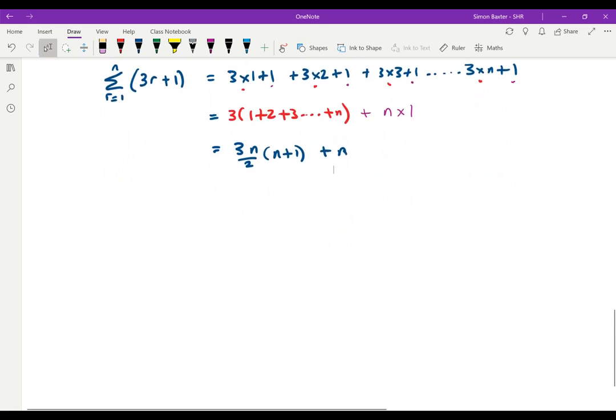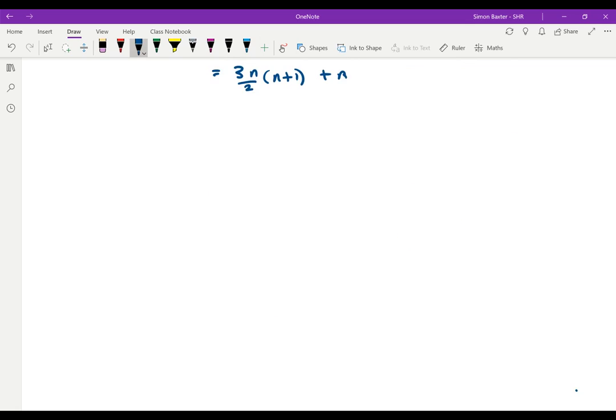One other thing I'd like to look at before I leave this one, remembering that sigma r equals 1 to n is n over 2 times n plus 1, which we've just used.